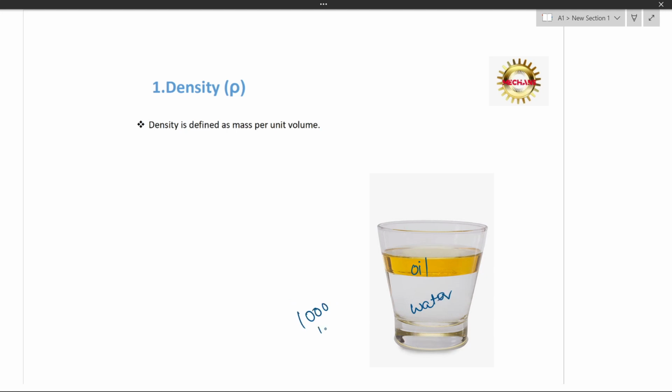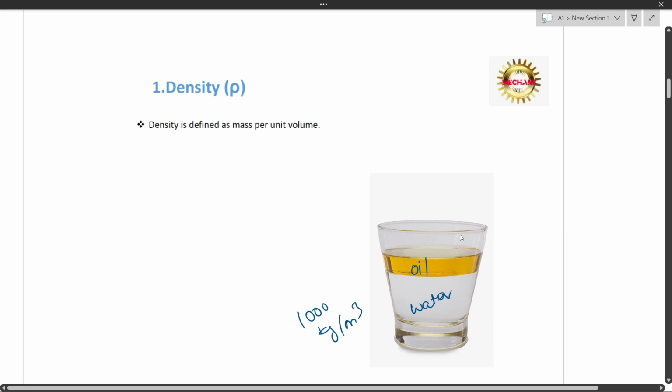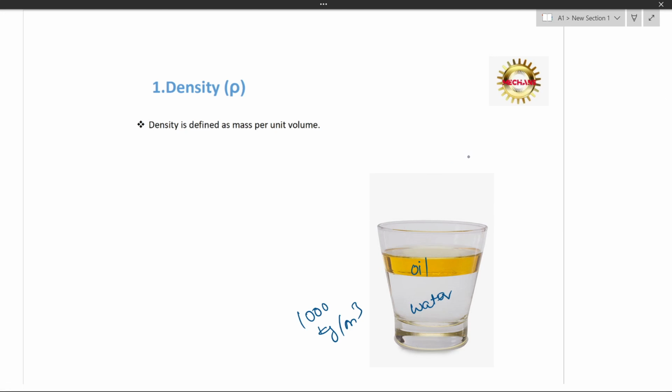If we take the density of water as 1000 kilogram per meter cube, this oil density must be less than water. That's why it floats on the water. In the same way, plastic balls and rubber balls float on water because they have less density than the water. So density plays a major role in fluid characteristics.